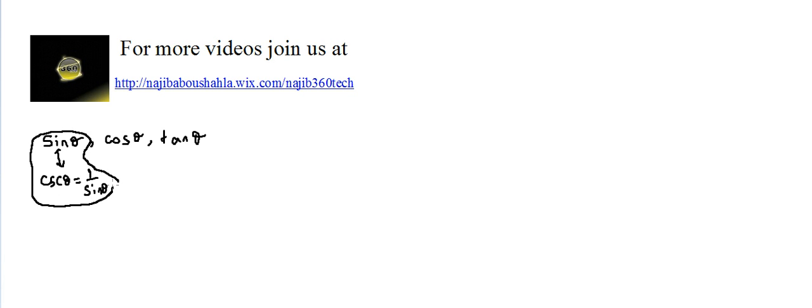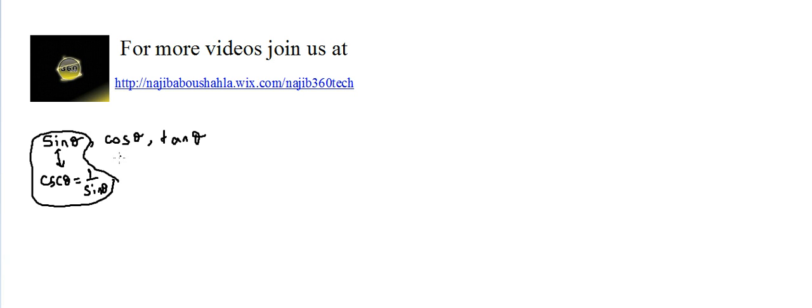What are the trigonometric ratios? They are sine of angle theta, cosine of angle theta, and tangent of angle theta. Sine theta and cosecant theta, which is equal to 1 over sine theta, take the same sign, negative or positive.